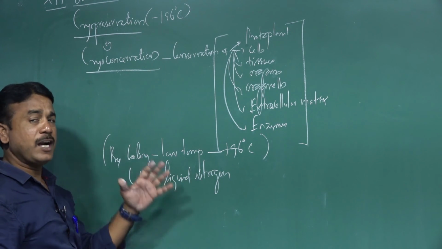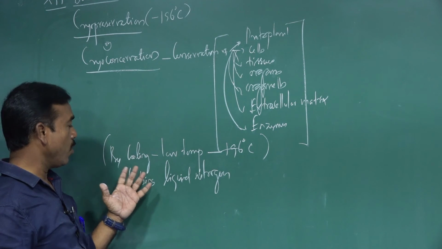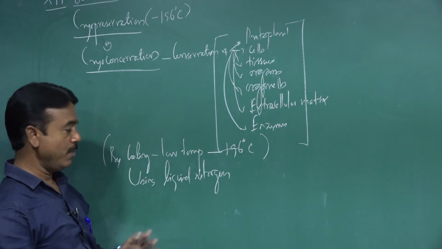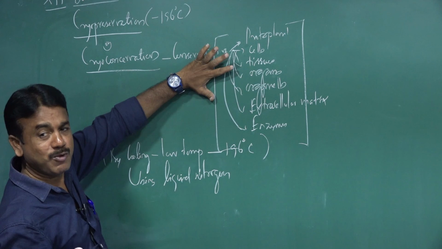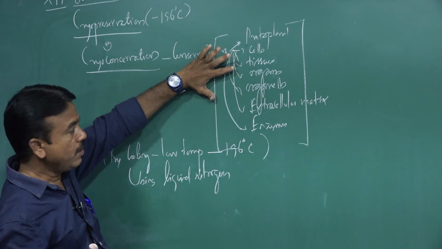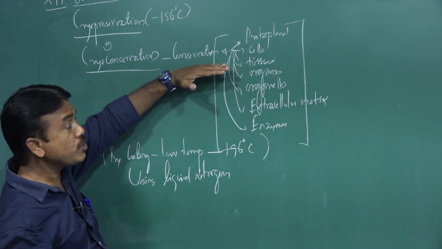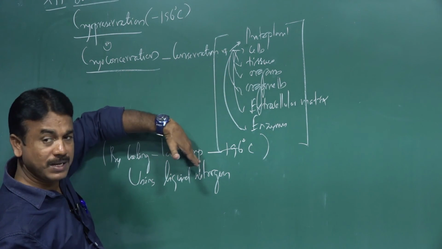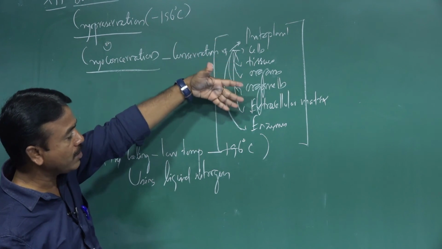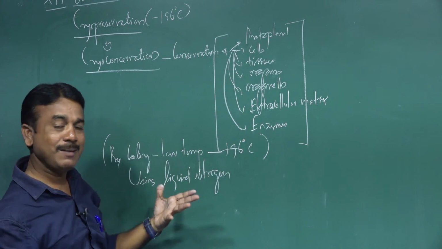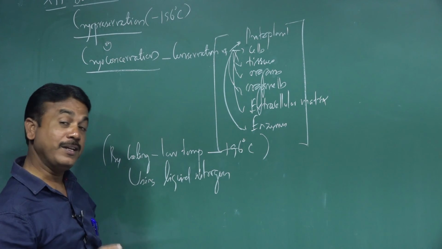If those materials are stored at low temperature in liquid nitrogen, the components remain in a living condition. If not stored under this condition, the protoplasts, cells, tissues, organs, extracellular matrix and enzymes become inactive.